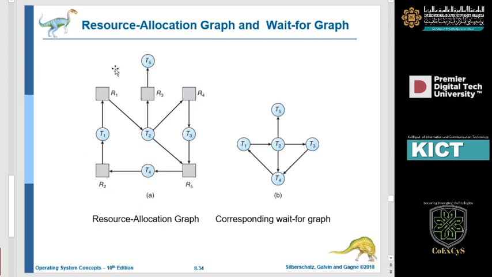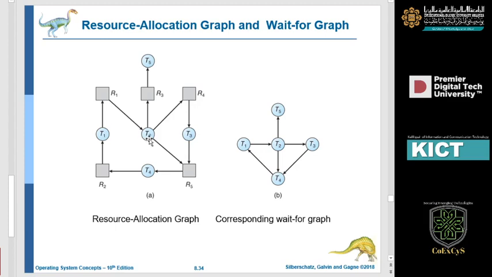This is the resource allocation graph, and we can actually come up with the wait-for graph. So we can see T1 is somehow requesting R1, but R1 is actually held by T2. So if we look at this, we can see that T1 is actually waiting for T2. And the same thing here, we have a resource allocation graph.